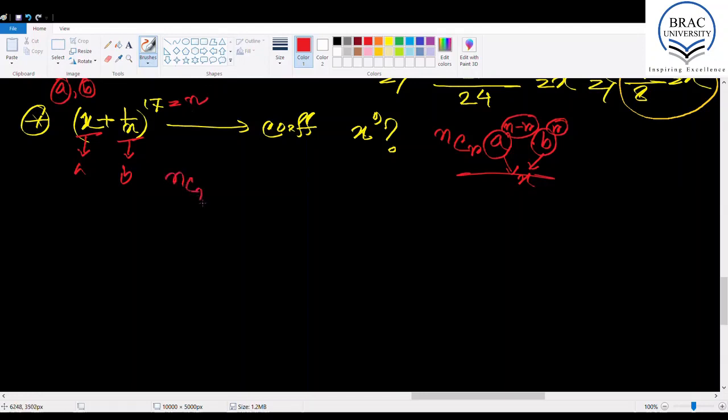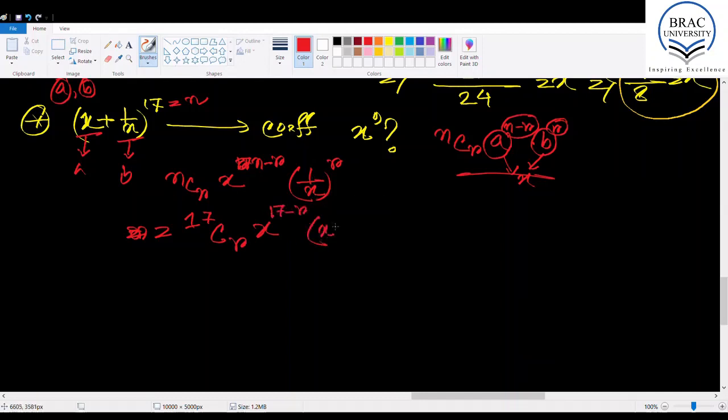We can say that nCr, a value is x, x to the power n minus r into 1 by x to the power r. Here n value equals 17, so 17cr x to the power 17 minus r, and as we know, we can write 1 by x as x inverse, to the power r. So we will write it like 17cr x to the power 17 minus r into x to the power minus r. And you can see here that in 17cr, we have both of the powers of x, right?